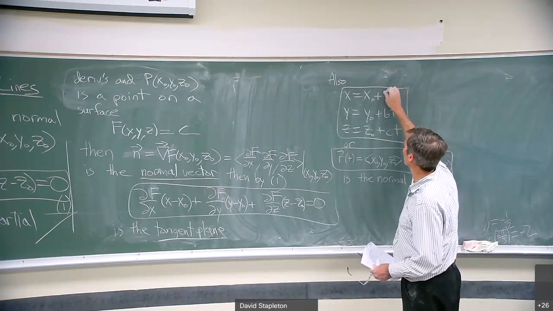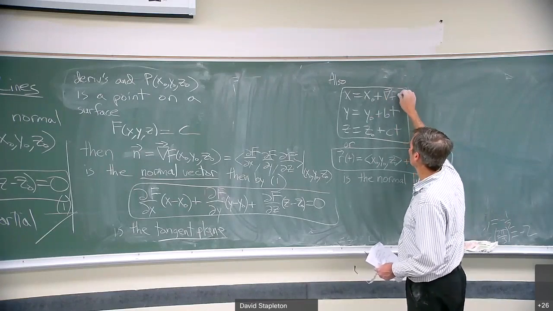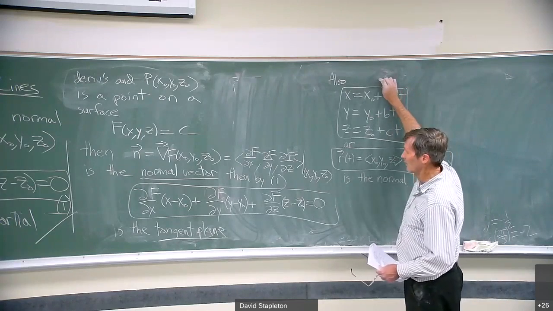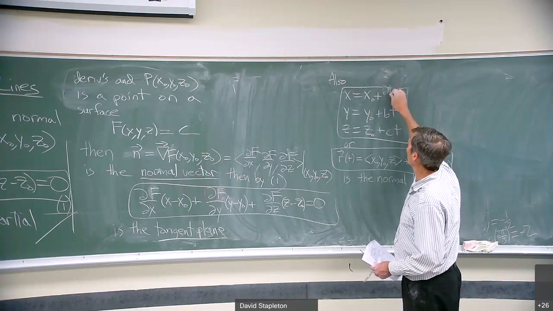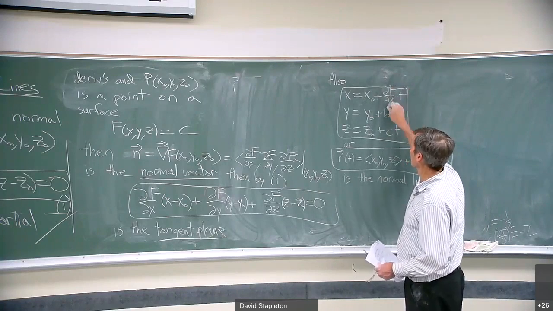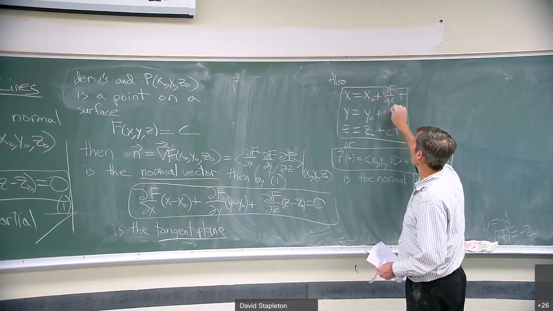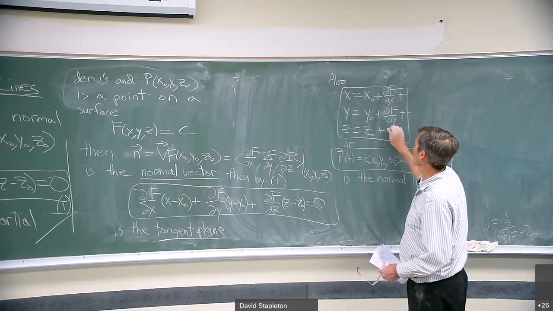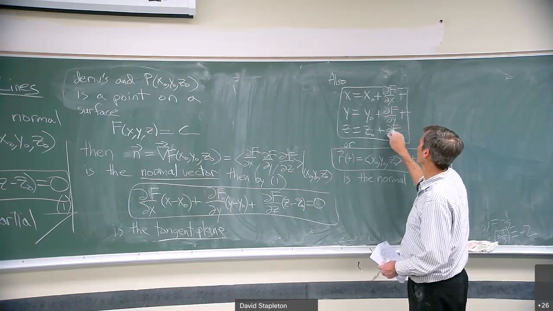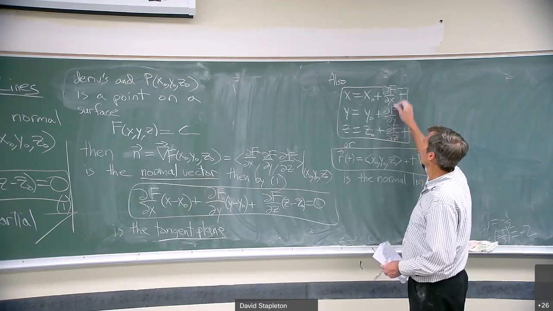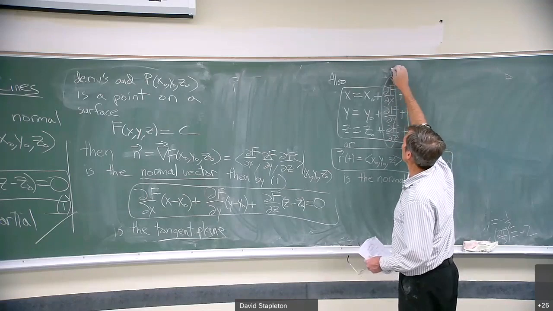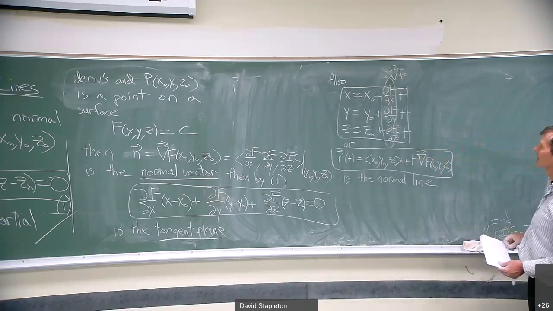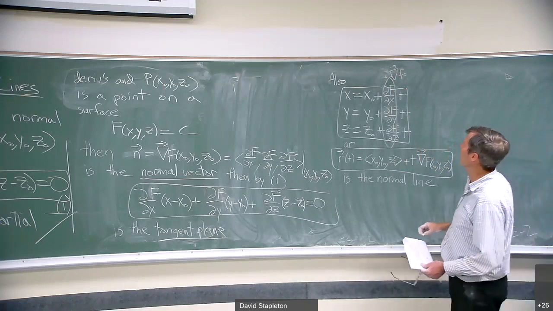So this would be gradient of f times t: partial of f with respect to x times t, plus partial with respect to y times t, plus partial with respect to z times t. The components of the gradient. And these are all to be taken at the point.